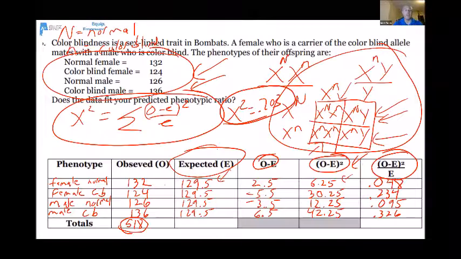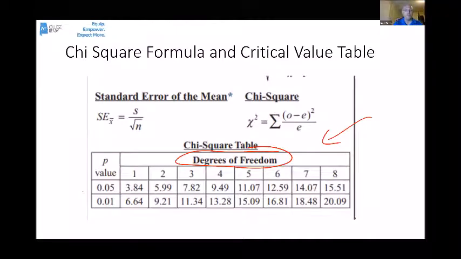So we started with 4 phenotypes, which means our degrees of freedom is 3. You're always going to use this 0.05 row unless they tell you otherwise. We'll talk more about p-values in a minute, but you're always going to use the 0.05 row, which puts us at a critical value of 7.82.